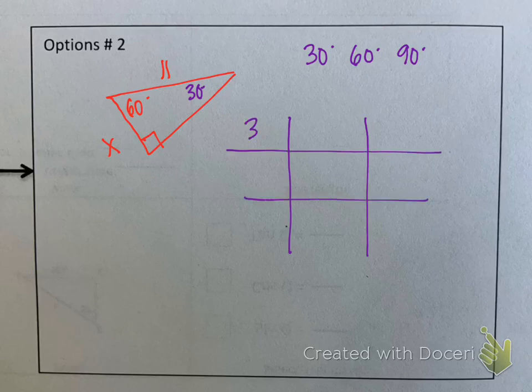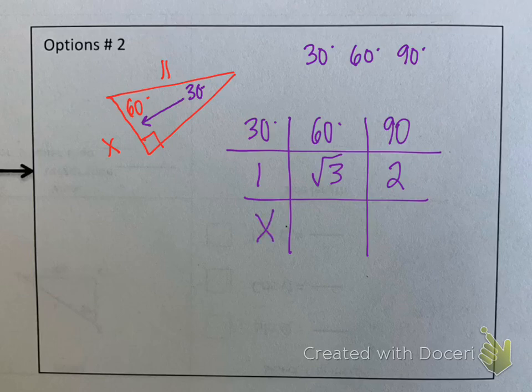We wrote 30, 60, 90 to represent the angles. 1, root 3, 2 were the original side lengths of the triangle, and then this final row we write from our picture. So what is directly across a 30 degree angle? There's an x there. What's across the 60? Nothing's there, so I'm just going to leave that blank. You could put a variable if you wanted to, but we don't need to solve for that variable, so I'm just going to leave that middle column blank. And then across the 90, the hypotenuse is 11.